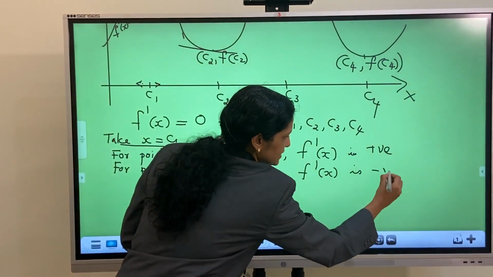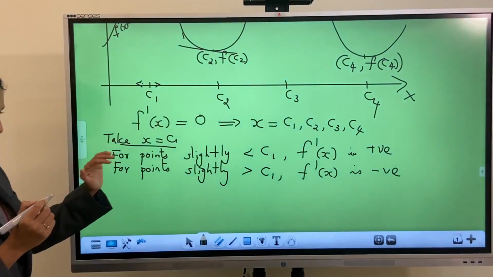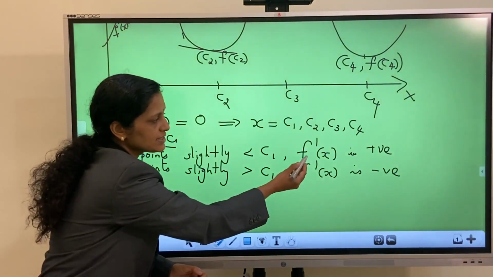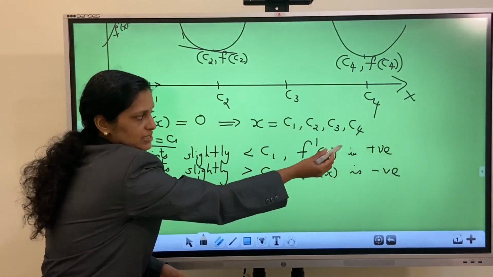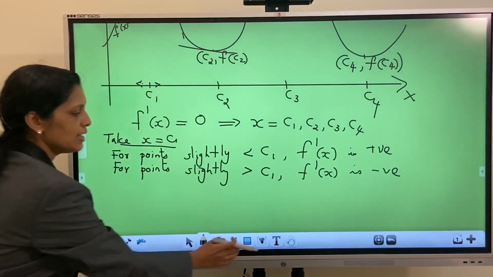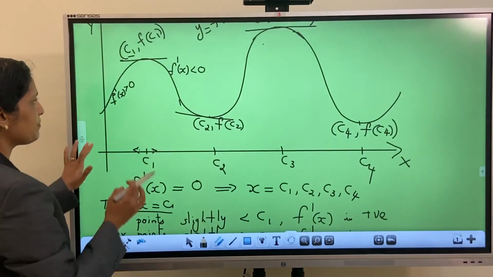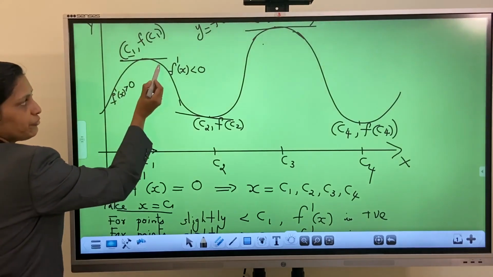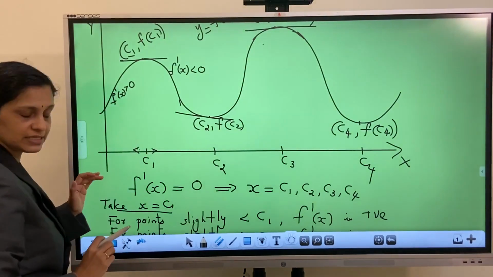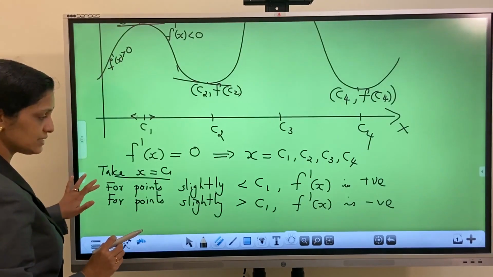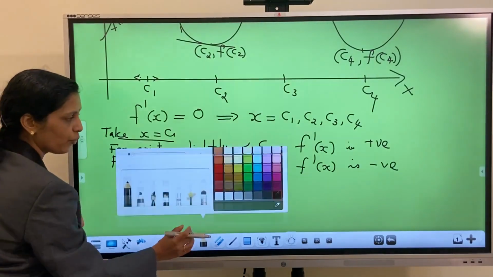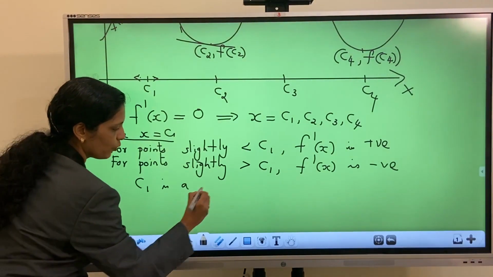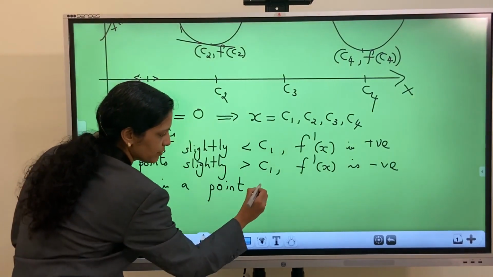If it is negative, then here we took points less than C1 and then greater than C1, and f dash x is changing from positive to negative. For points less than C1, f dash x is positive. For points greater than C1, f dash x is negative. Then you can say that C1 is a point of local maxima.